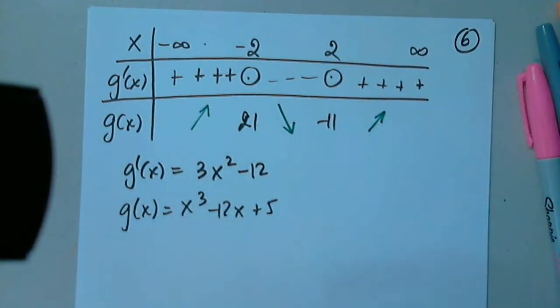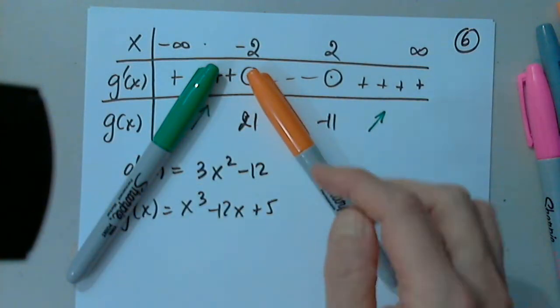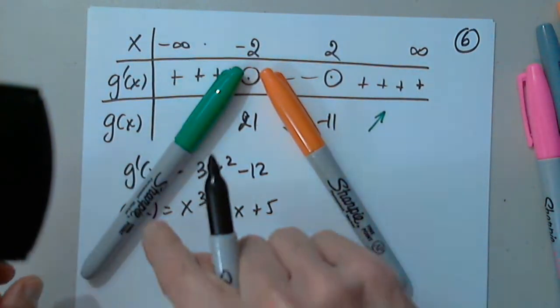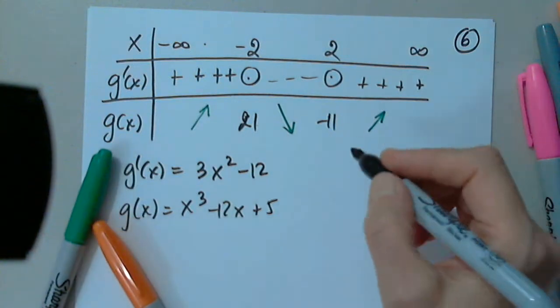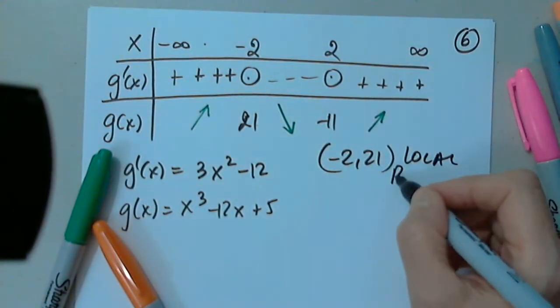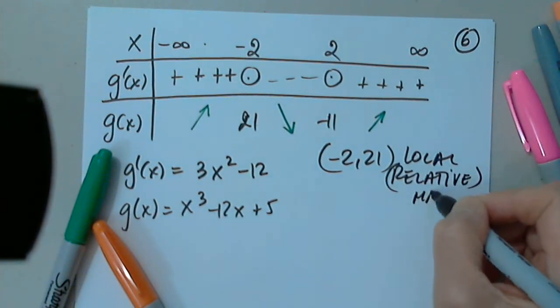Okay, so now let's analyze what this point is. What point is negative 2, 21? Local max. Absolutely, local or relative max. So negative 2 comma 21 is a local or relative max.